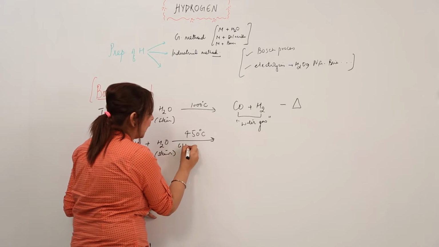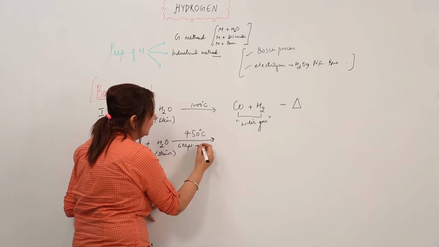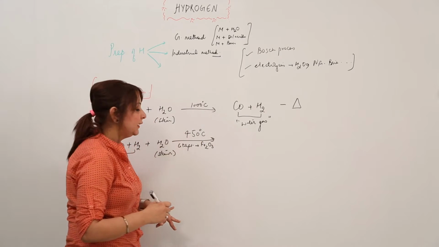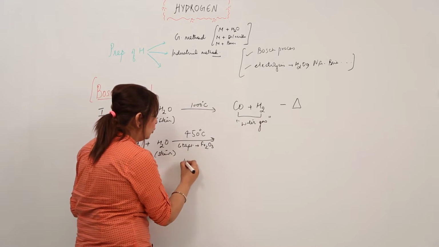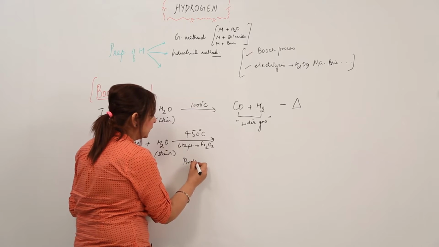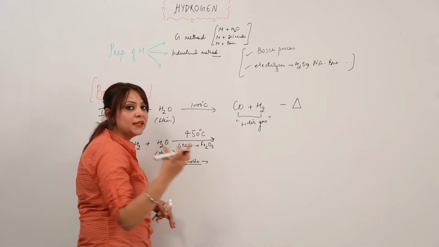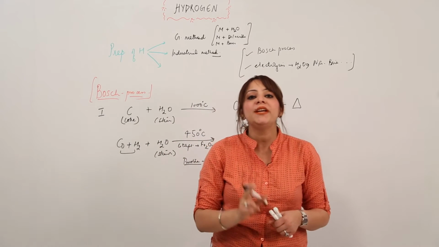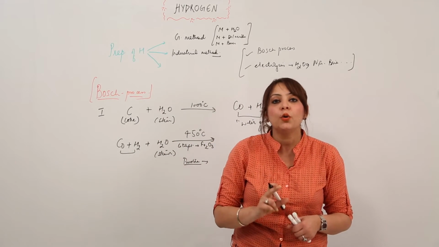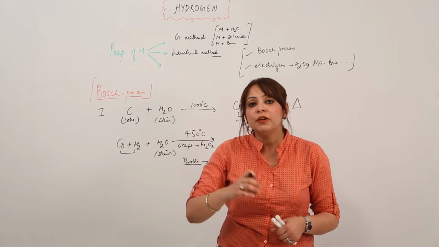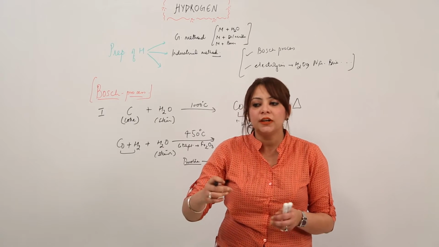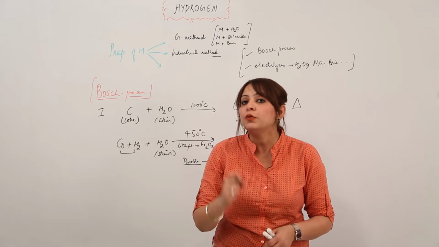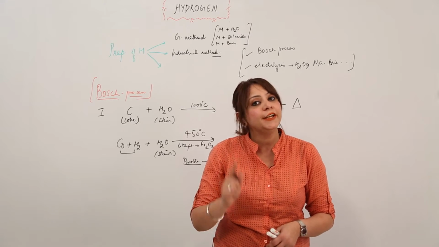This reaction is catalyzed by a catalyst, that is Fe2O3, iron oxide, right? And we have a catalytic promoter. I told you a catalyst is a substance which just increases the rate of reaction without undergoing any change in itself. You will get it back in the same form and even the amount won't change.